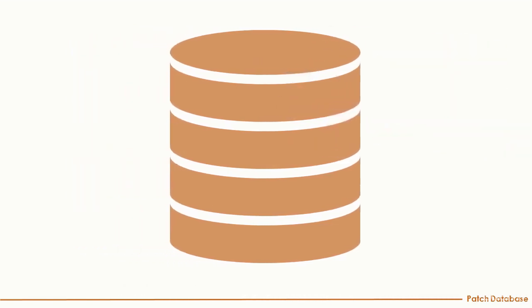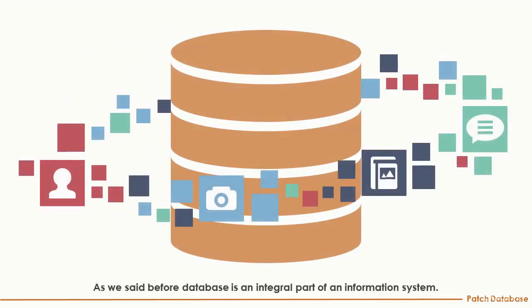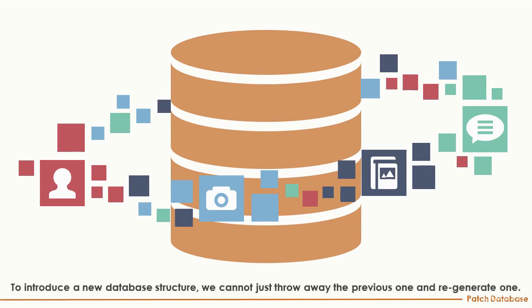As we said before, the database is an important component of your information system. And to introduce a new database structure, you cannot just throw away everything, reinitialize the whole database, and re-input all the data.